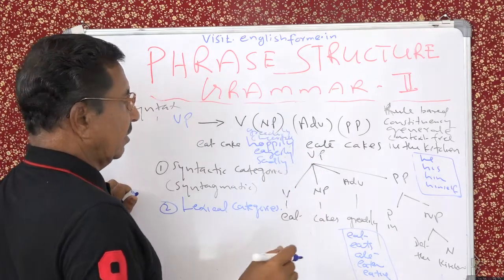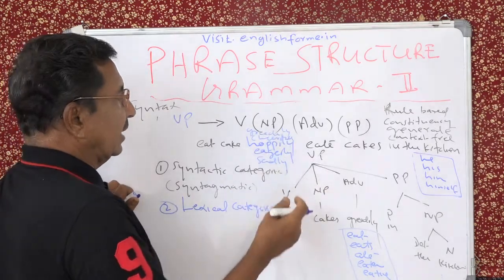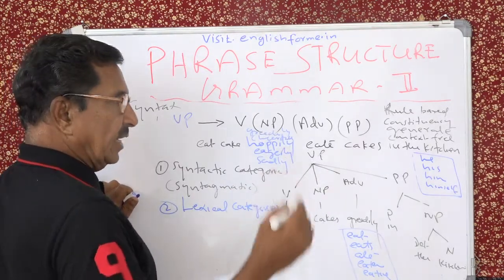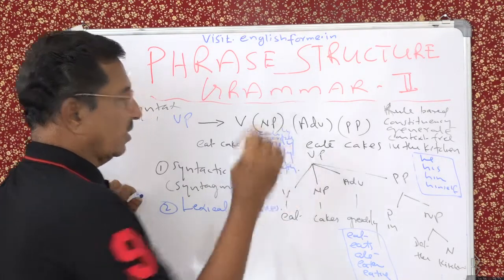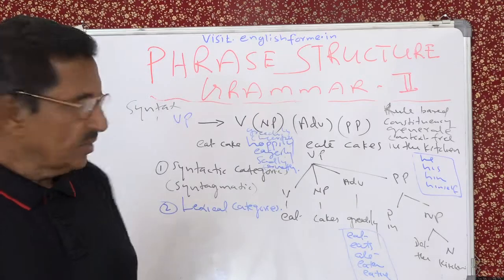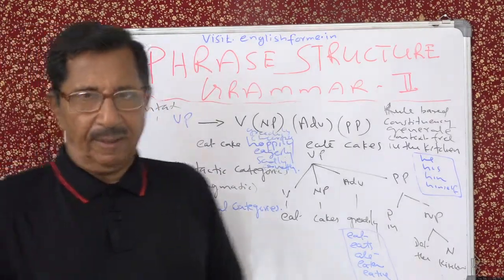You can also have happily, cheerfully, sadly, fervently, like that. Understand? So this relationship is one of replacement possibility together.